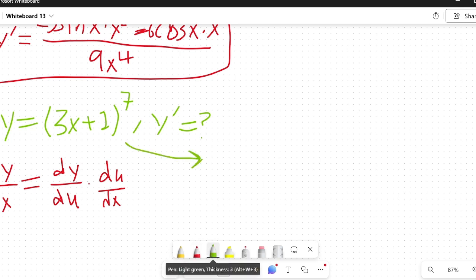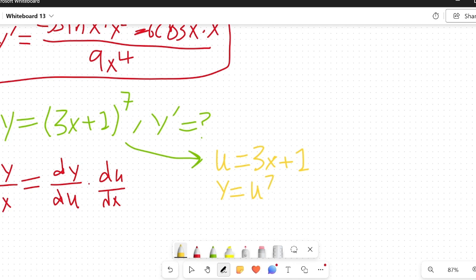let's define u as being equal to 3x plus 1, right? So in this case, y is just going to be equal to u to the 7th.